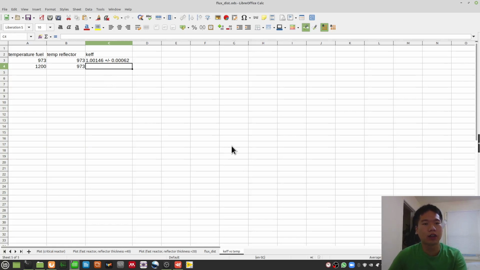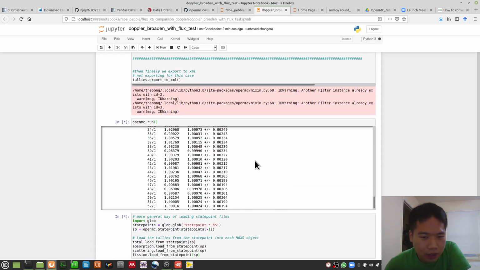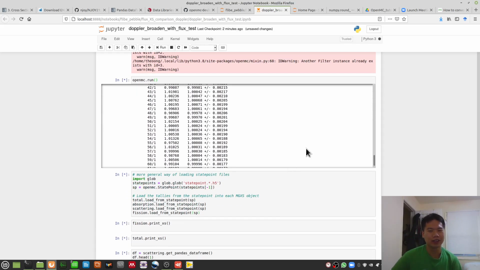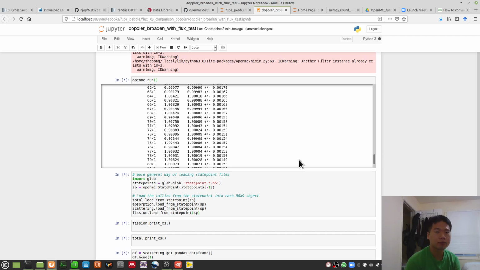So let's take a look at the K effective. It ideally should drop below 1, because this is almost 1000 degrees, and if you are not having a below 1 at 1000 degrees, I think I'm in big trouble. So this is a high temperature excursion. It should help the K effective drop.